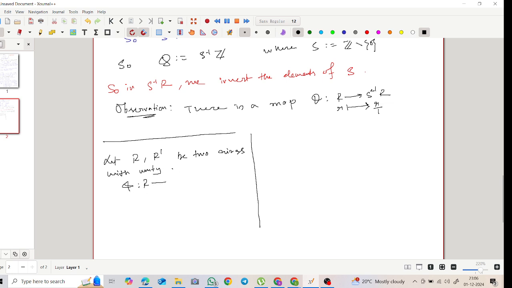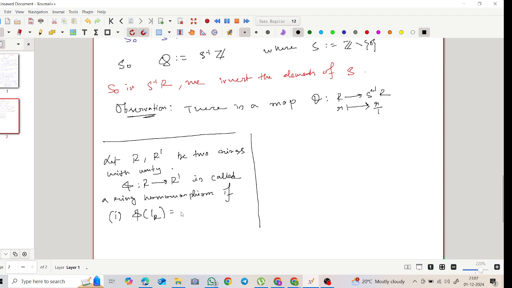Phi from R to R prime is called a ring homomorphism if phi of r1 r2 equals phi of r1 into phi of r2, and phi of r1 plus r2 equals phi of r1 plus phi of r2. The unit should go to unit, no?